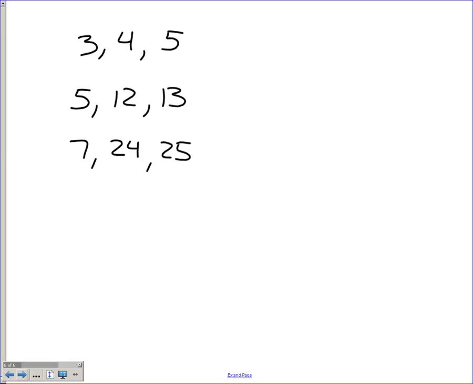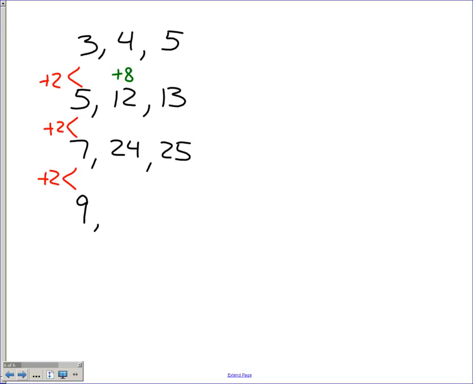Well, the first one, from 3 to 5, that's just adding 2. 5 to 7 is adding 2. So maybe if we added 2 again, that would work. We'll just try it and put a 9 right here. Well, look in the second column, from 4 to 12. Let's see, that's plus 8.